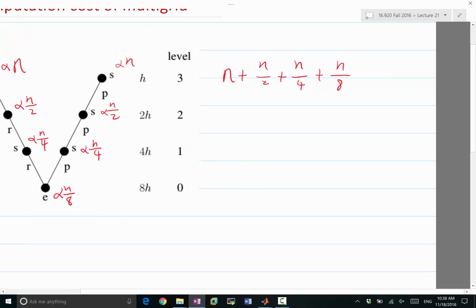If you have more grids, it'll be n over 16, etc. If you add all these up and you want to approximate it by something, what would it look like? It's n times 1 plus half plus a fourth plus an eighth. Do you recognize this series? What's the summation of the series?